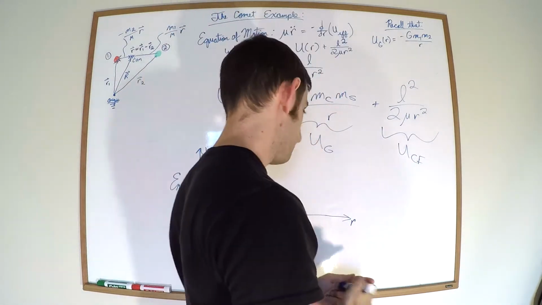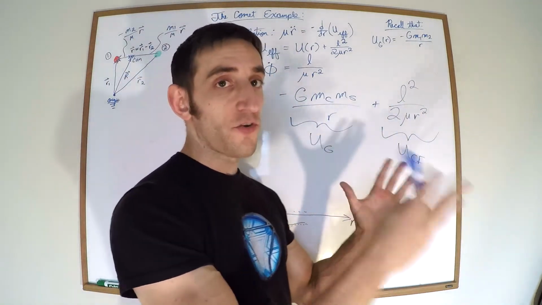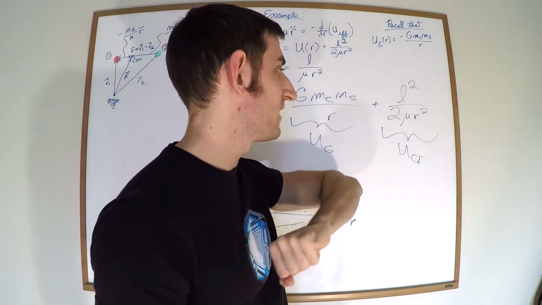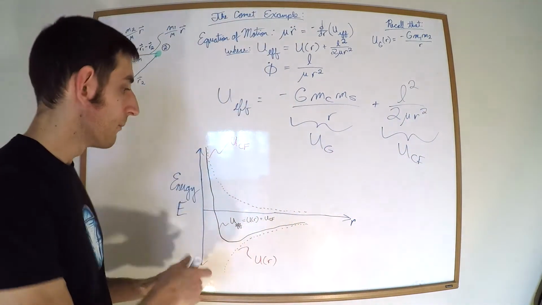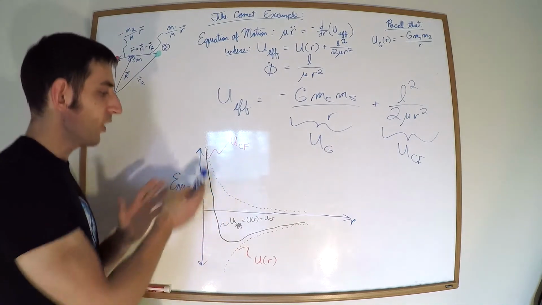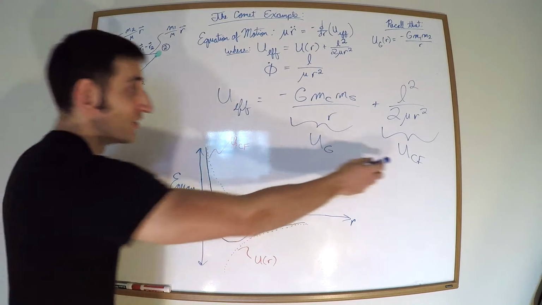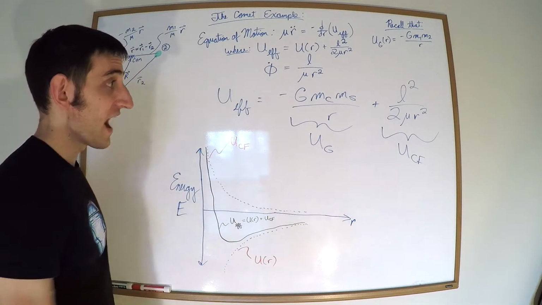Okay, so what we know is that at different points on the graph, either this is going to dominate or this is going to dominate. I've drawn down the final result, but it's important to note that the final result, which is in black, is a combination of U sub CF, this guy right here, and U sub r, that guy right there.